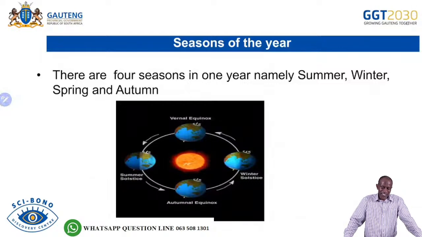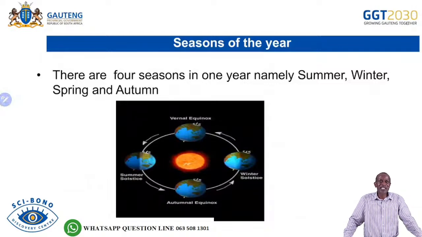I'm going to repeat this. Summer solstice explains that during summer in the southern hemisphere, you'll have very long day and very short night.